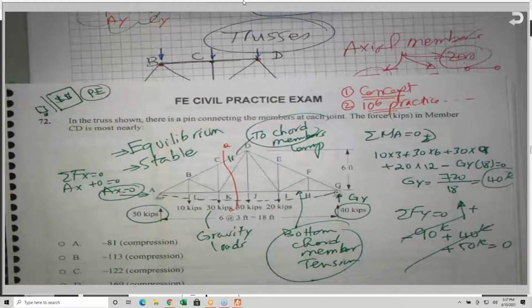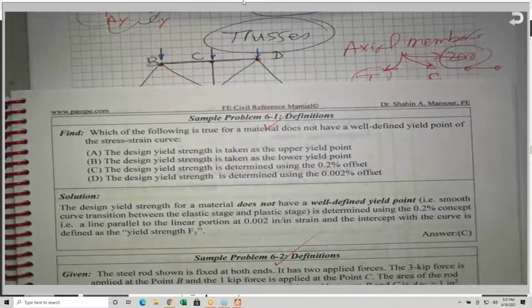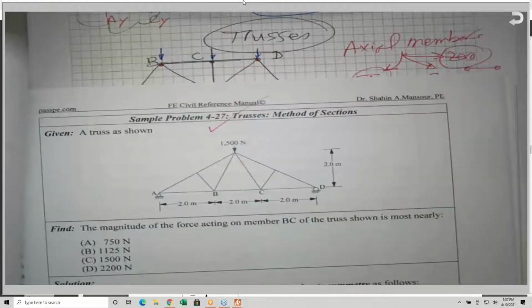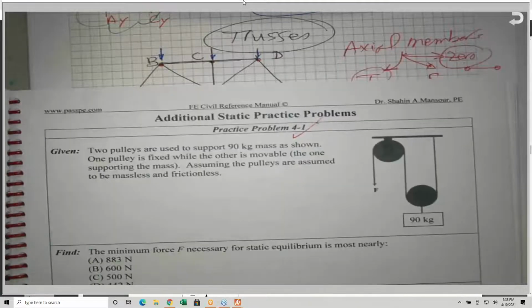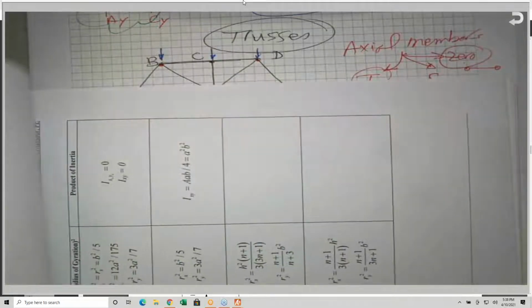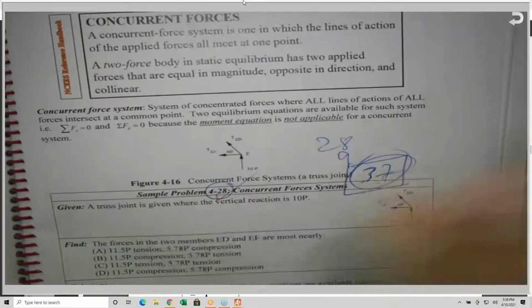At the end of each chapter, there will be additional problems, and I have tons of them. After this chapter there are practice problems that we solve together, 20 something. The last one I saw was 28, and I have some additional problems at the end of the chapter.